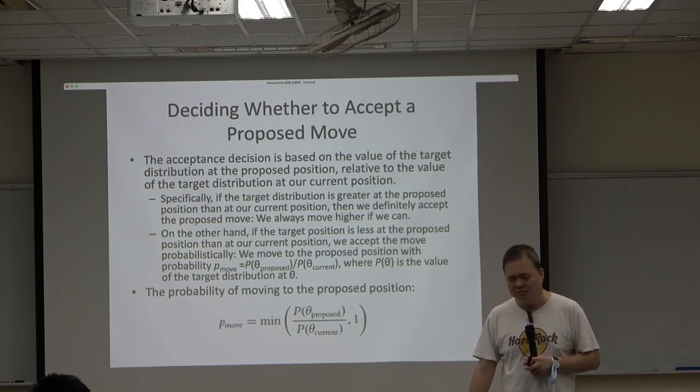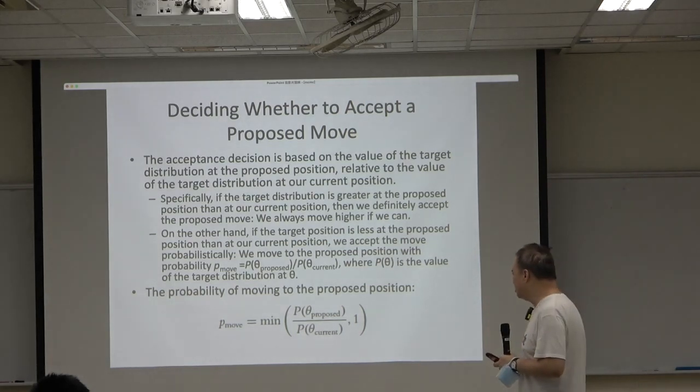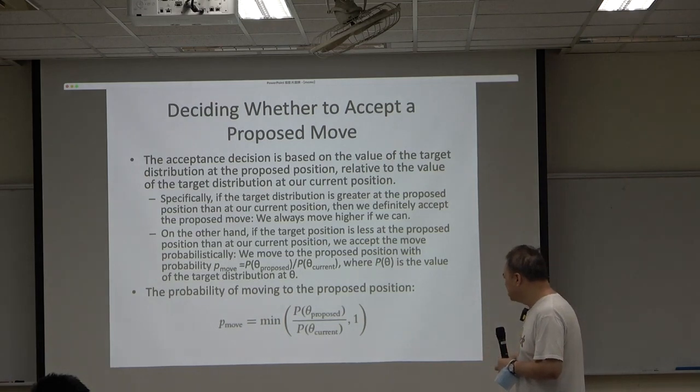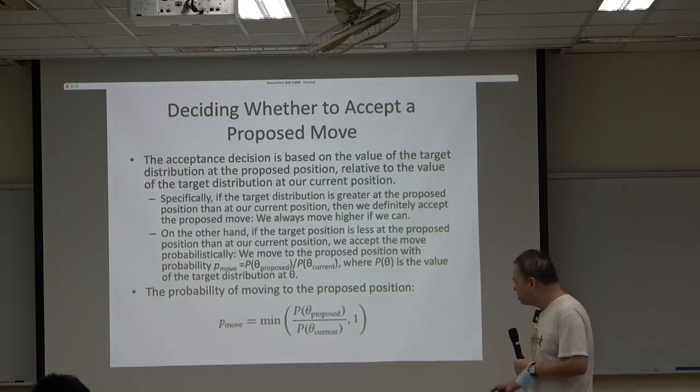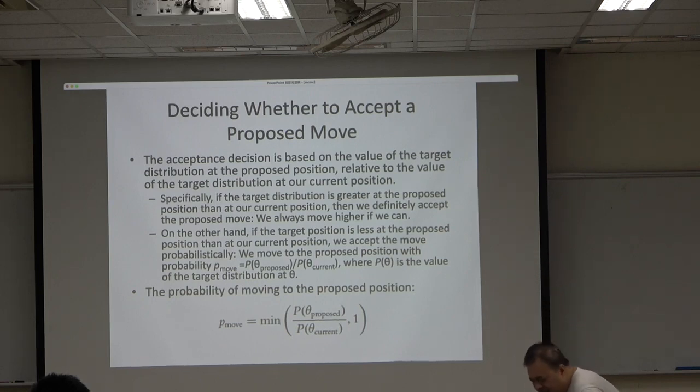This is impossible. According to the Metropolis algorithm, this P move is definitely there. Actually, it's this P move that guarantees the result is going to converge to the target distribution.